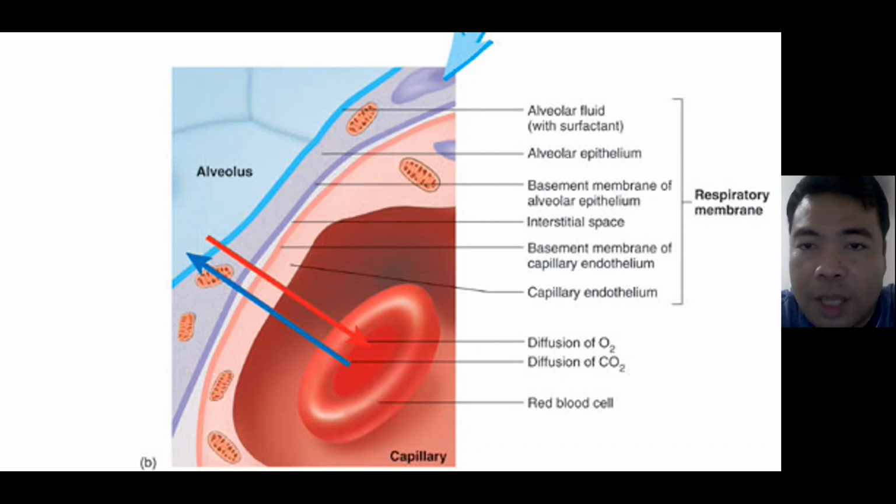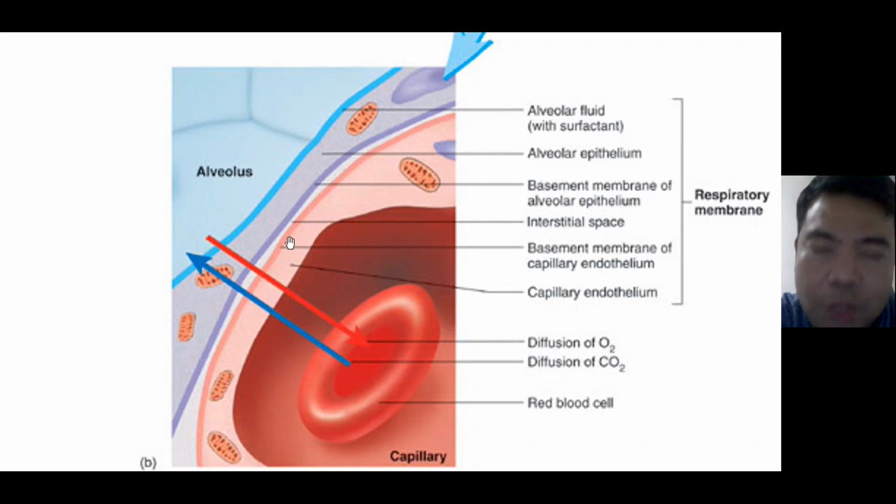So nakailang layers na tayo? 5, di ba? 3 layers on the side of the alveolus: alveolar fluid with surfactant, alveolar epithelium, and the basement membrane of the alveolar epithelium. Then you have 2 layers on the side of the pulmonary capillaries: the capillary endothelium and the basement membrane of the capillary endothelium.